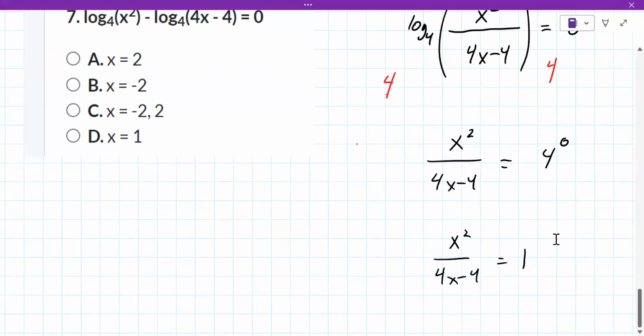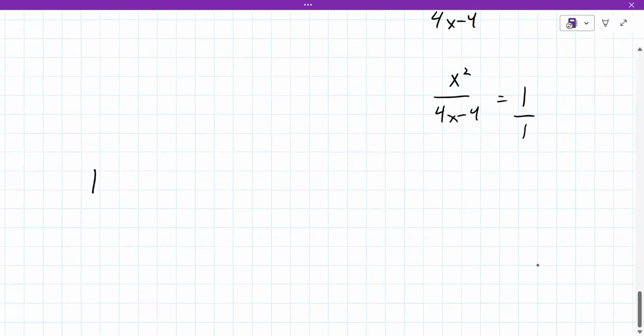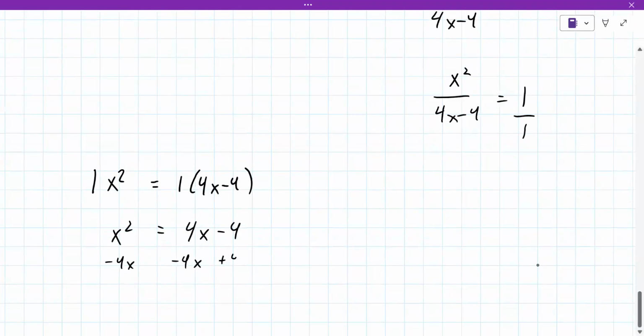And from here, you have to cross multiply. So we're going to multiply and reframe it here: 1 times x squared on the left equals 1 times 4x minus 4 on the right. So this becomes x squared equals 4x minus 4. And then you move those terms over.